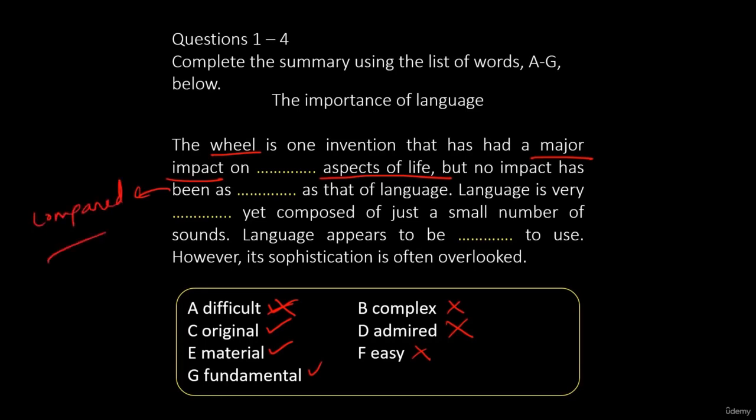See, for comparison, we have the words 'than', 'as blank as something', or 'more than that', or 'equally'. Here they are saying no impact has been as much as that of language. That means language has more, so you look for a word meaning more. Hence, understanding the sentence and expecting something could be the best way to find the answer in blank kind of questions.